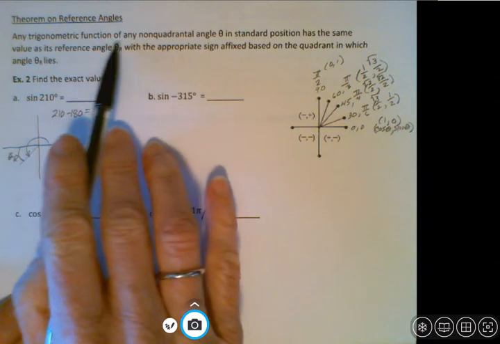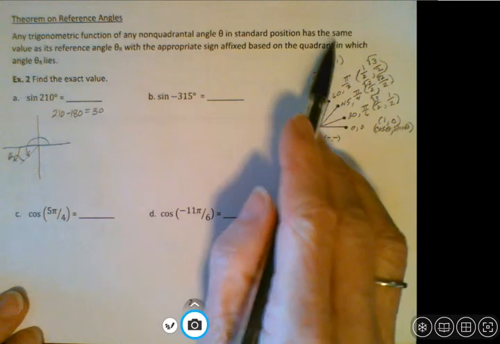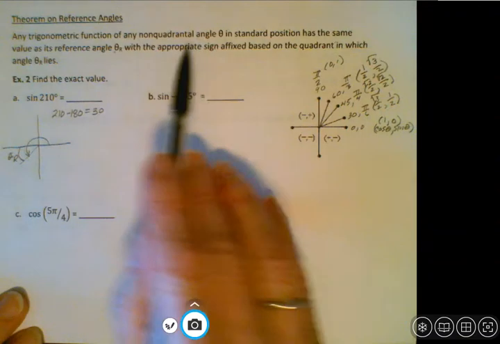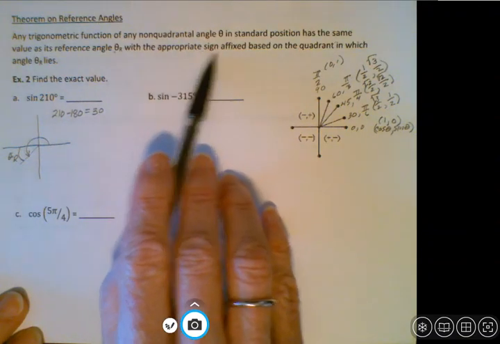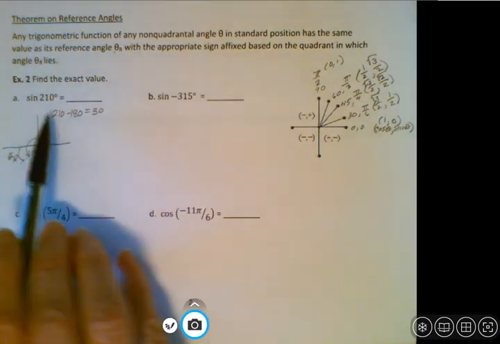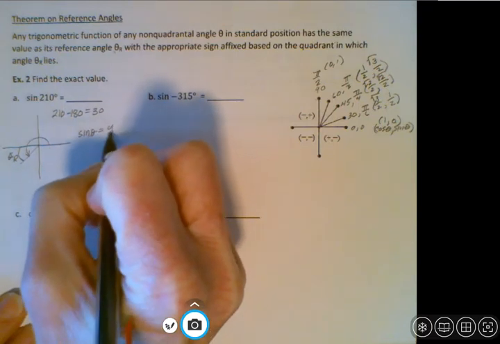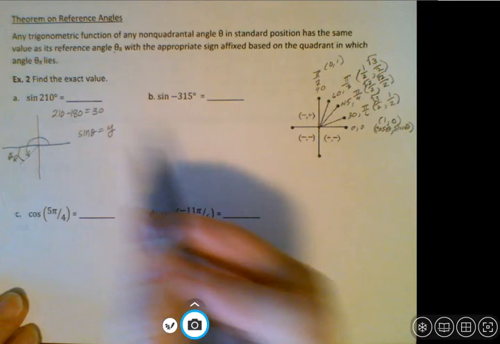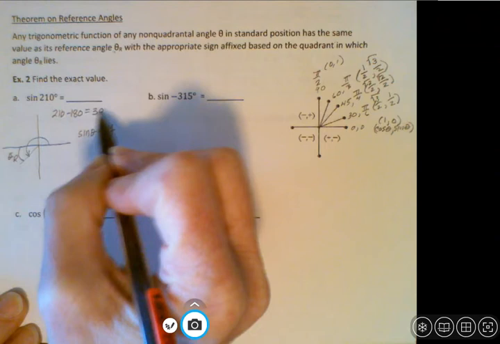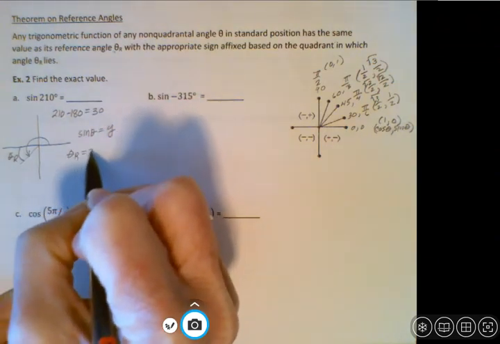And it says, any trigonometric function of any non-quadrantal angle theta in standard position has the same value as its reference angle. Isn't that handy? And all we have to do is put the appropriate signs on our x and y, right? So this is a y, sine of theta, let's just remind ourselves, is going to be y, and sine of theta in this case, well, looking over here, we said theta r equals 30 degrees.